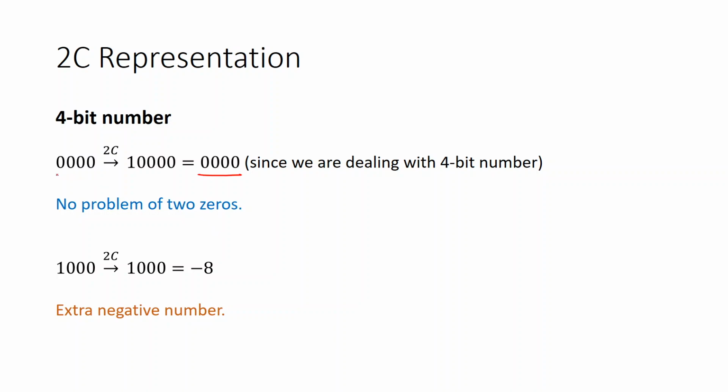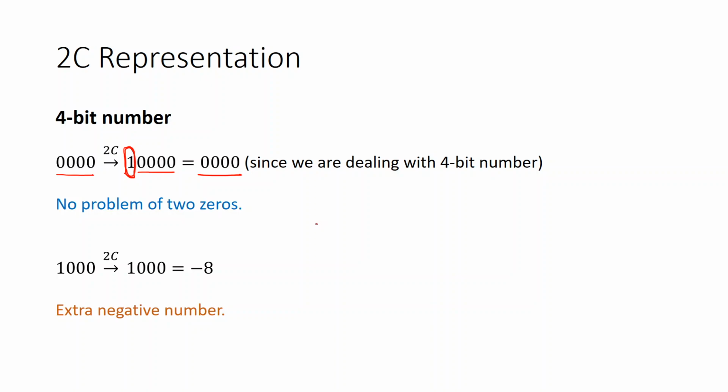So if you take the 2's complement of this 0000, you land up on this number. But since we are dealing with 4-bit numbers, this is extra, this is additional, and we can discard this. The 4 bits that we have are again 0000. So we don't have two different representations of 0.